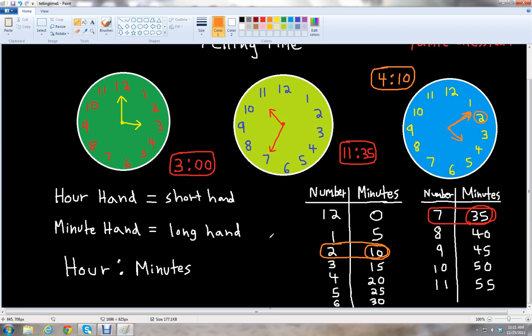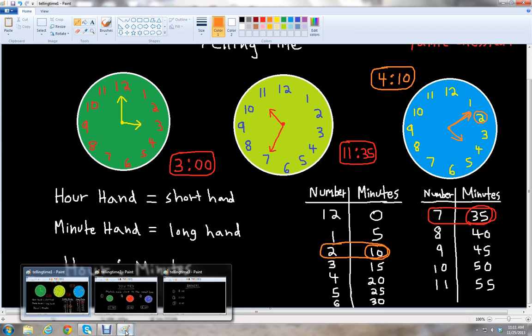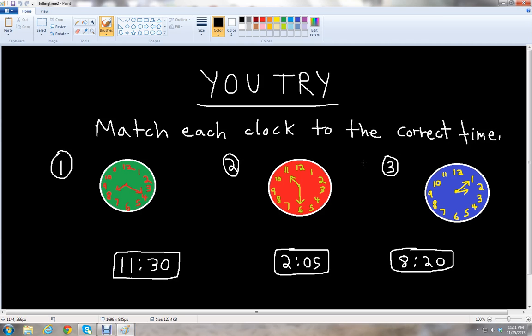So what we're going to do now is I'm going to let you try 3 problems here with 3 different clocks, and you want to match each clock to the correct time that we have. So these are the time choices we have below, and you want to match the clock to that correct time. So I'll give you some time to work on that.